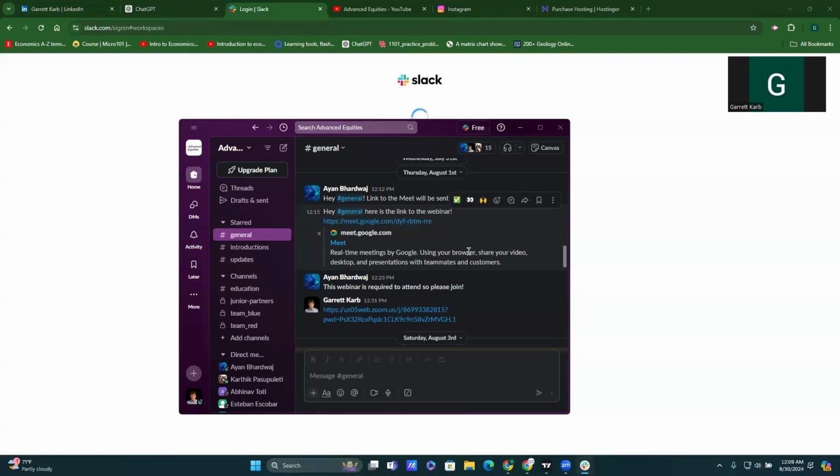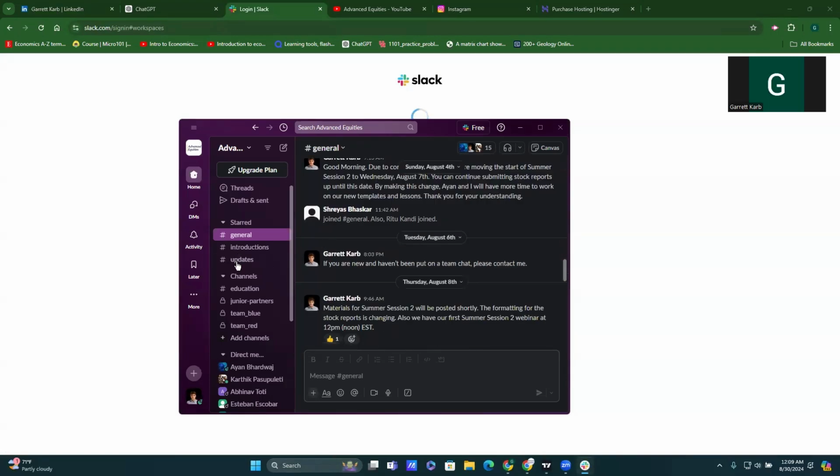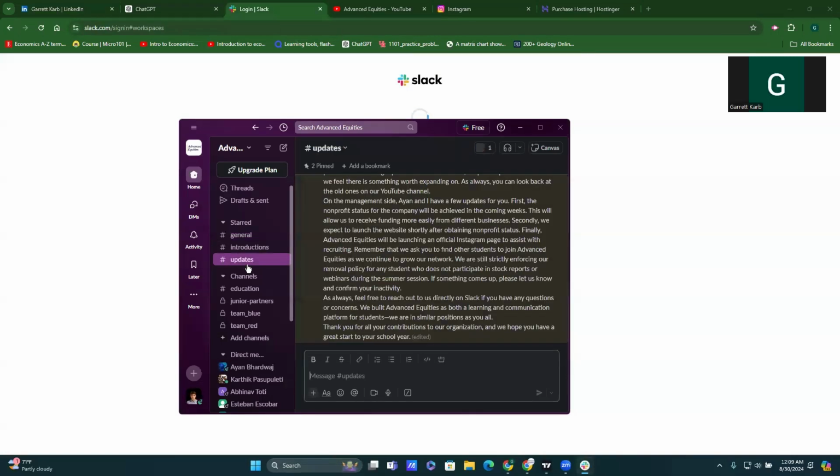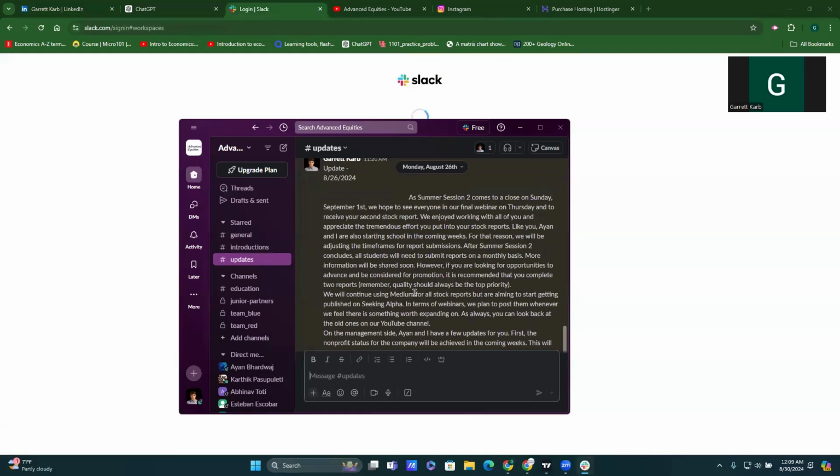Now, in terms of monthly reports, I mentioned this in the updates section. Monthly reports are going to start after summer session 2. Our plan with monthly reports is that you can choose a sector. We want you to choose a sector because we want you to really specialize in a sector. Specializing in a sector is very important because it gives you a really good skill set, right?